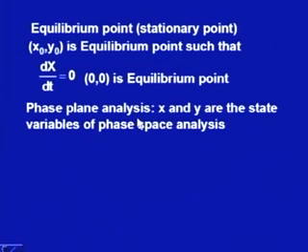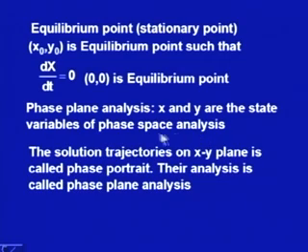For this equilibrium point or more equilibrium points, we may like to perform the phase plane analysis. By phase plane analysis, I mean that if x and y are state variables, then what are the solution trajectories on the xy plane, and these trajectories, when they are drawn on the xy plane, constitute the phase portrait, and this analysis is called phase plane analysis. So, analyzing these trajectories on the phase plane comes under phase plane analysis.